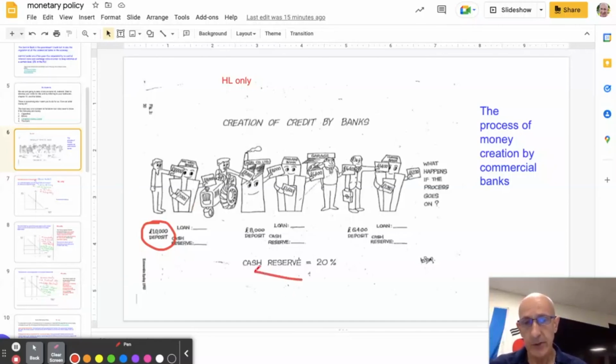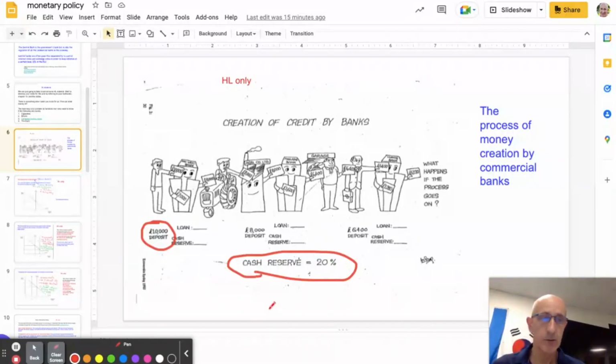We've put a cash reserve of 20% here. We're basically saying this bank will keep cash, 20% of any deposits, and it will lend out the rest. So it will keep cash of £2,000 and lend out £8,000 to this guy who wants to buy a tractor. And he buys it from Agrico Limited for £8,000, and Agrico deposit that £8,000 into their bank.